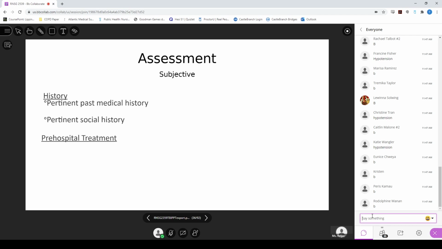you need to know anything that's important about their past medical history, including acute and chronic medical conditions that could affect their treatment, and also that could affect their plan of care if the patient is a trauma patient. You need a list of their at-home medications when available. Obviously, this patient's not going to be able to tell you that because she has a decreased level of consciousness, so you'll get that from the family members when they get there.